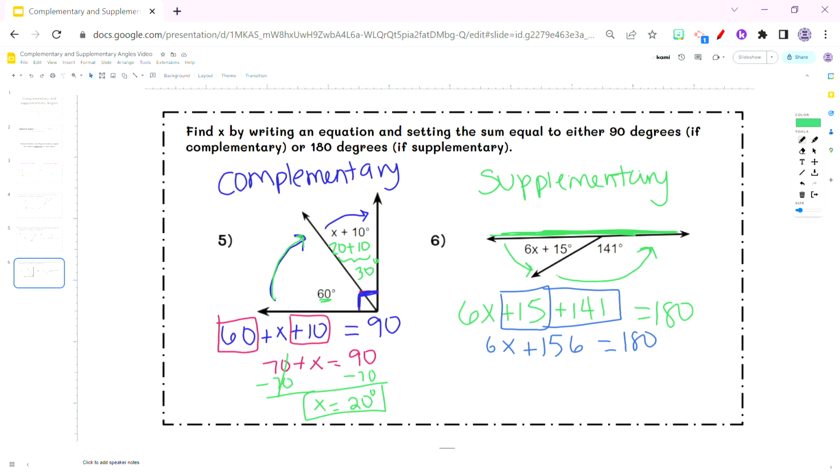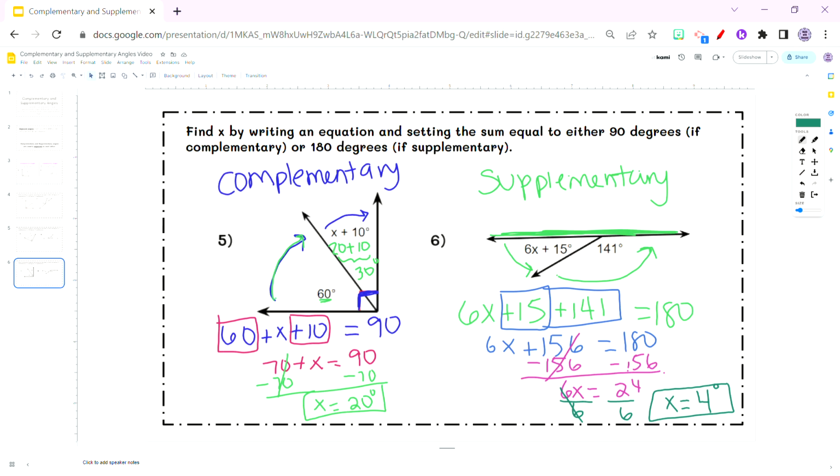All right, and then we are going to subtract 156 on both sides. And we get 6x is equal to 24. And then we are going to divide each side by 6, and we get x is equal to 4.